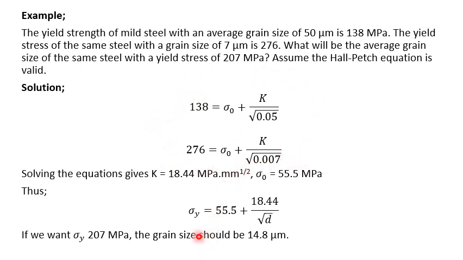And when we have these, we can apply them in the Hall-Petch equation again to get the D needed for 207 megapascals, putting 207 megapascals here and calculating D. Thus, for a sigma y of 207 megapascals, we need a 14.8 micrometer grain size.